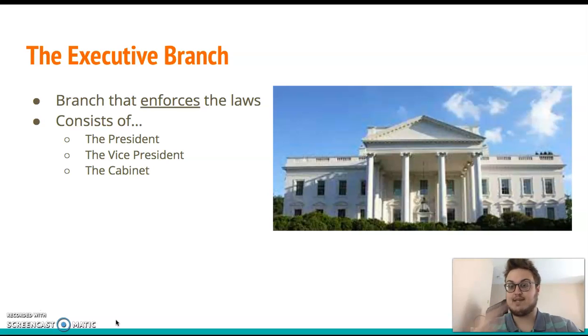So that's things like the Secretary of State, the Secretary of the Treasury, Attorney General, things like that. And then other federal agencies, which can be something like the FBI. The president specifically signs laws into effect on the national level. On the state level, it would be the governor that signs laws into effect.